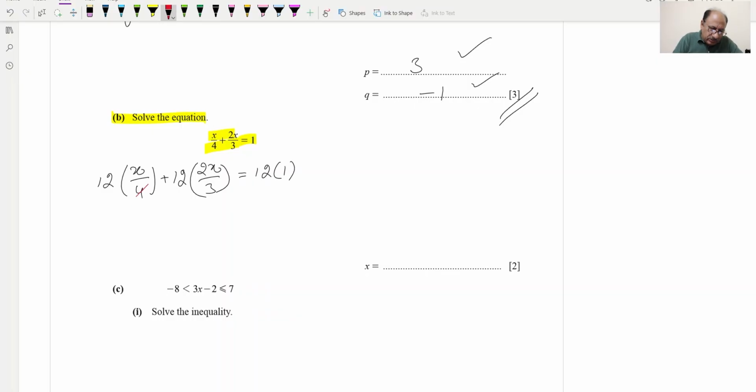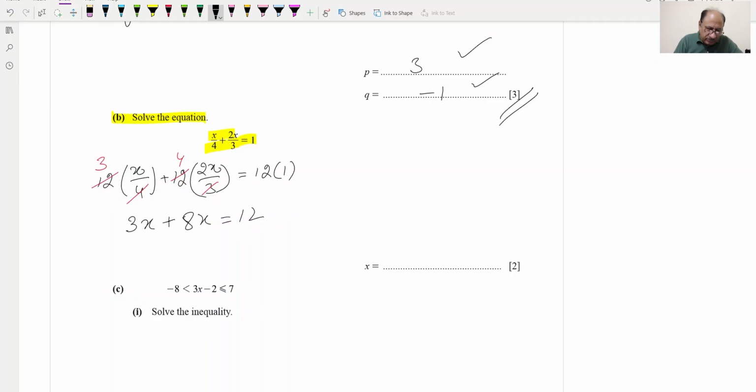Now we can cancel. 4 cancels with 12 to give 3, 3 cancels with 12 to give 4, and we multiply 3 with x to get 3x plus 4 into 2 to get 8x is equal to 12, and we got rid of the denominators.